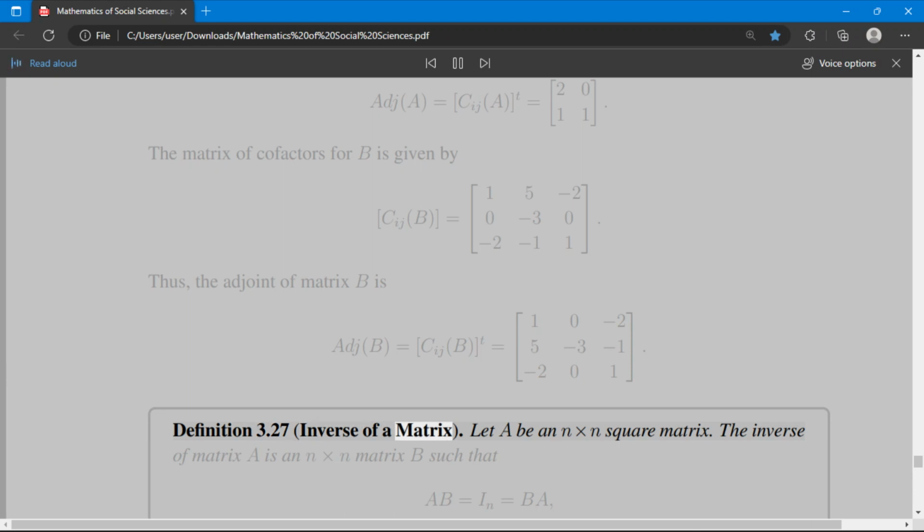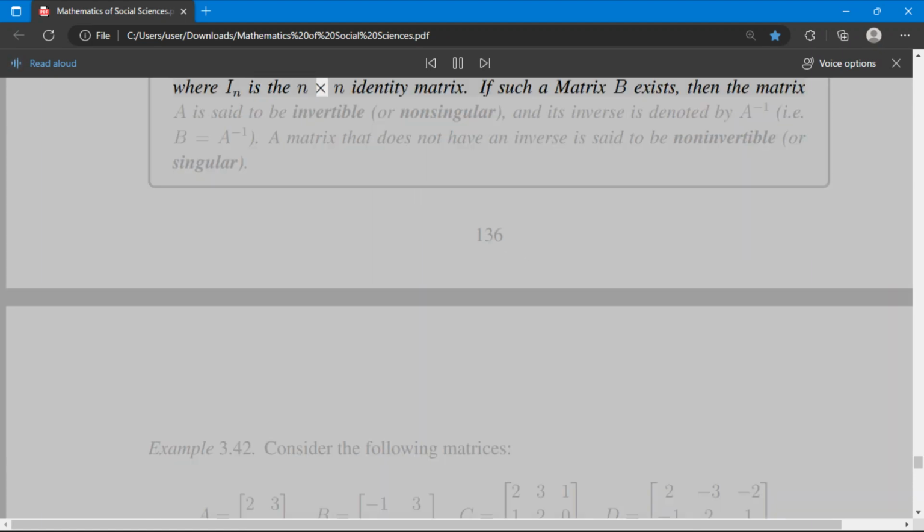Definition 3.27. Inverse of a matrix. Let A be an n times n square matrix. The inverse of matrix A is an n times n matrix B such that AB equals I_n equals BA, where I_n is the n times n identity matrix.